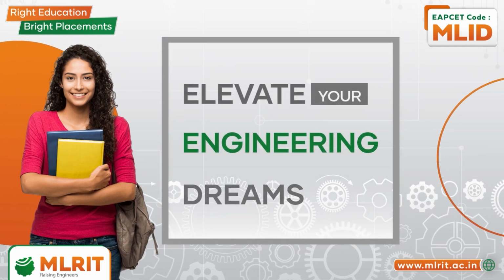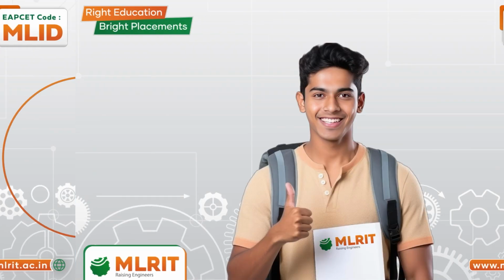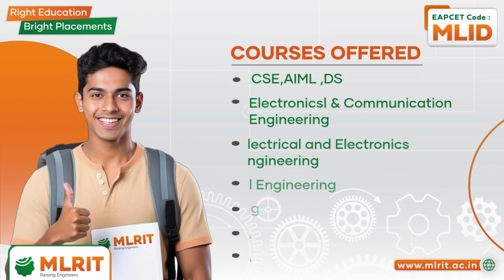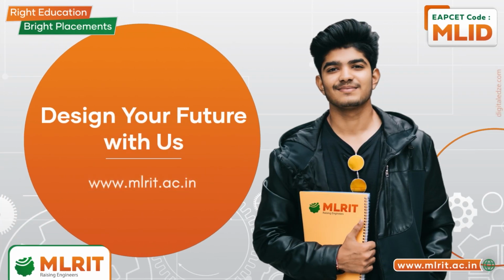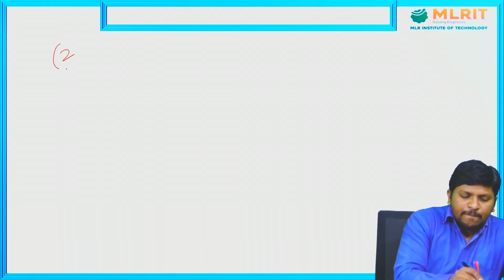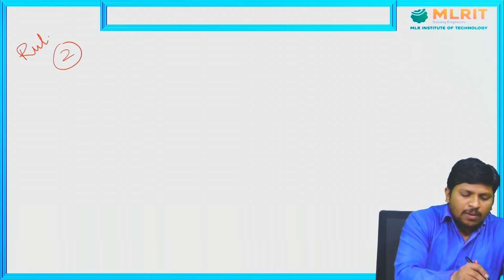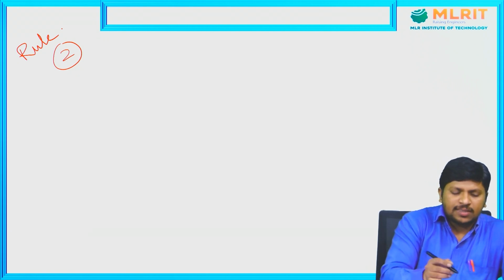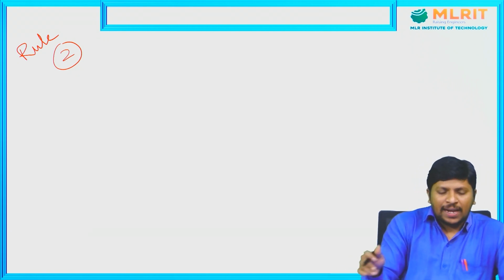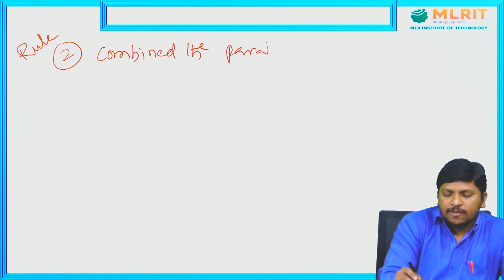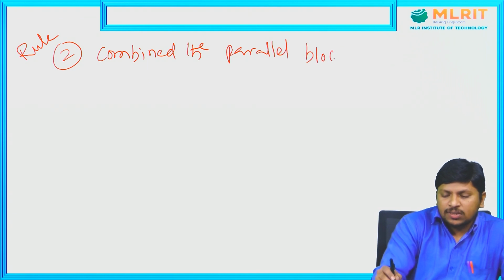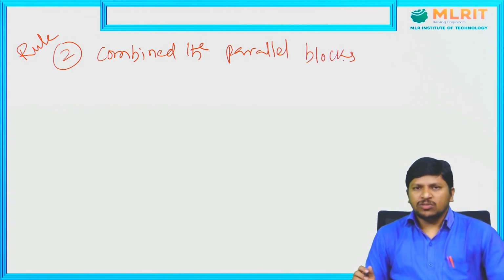Next, the second block diagram reduction rule. If any two blocks are in parallel, combine the parallel blocks into a single block.